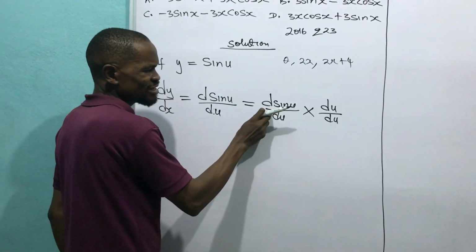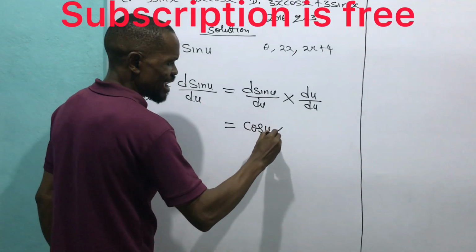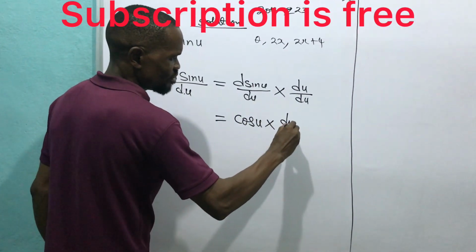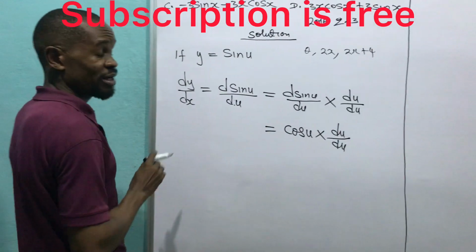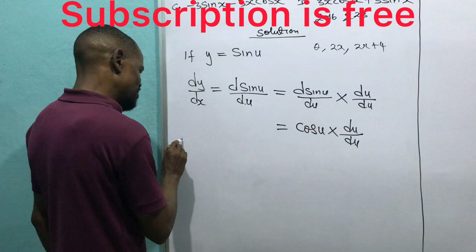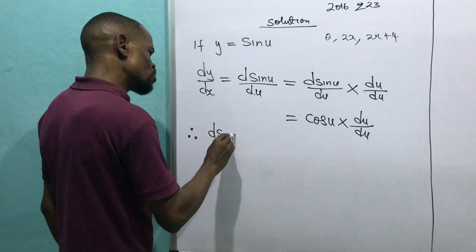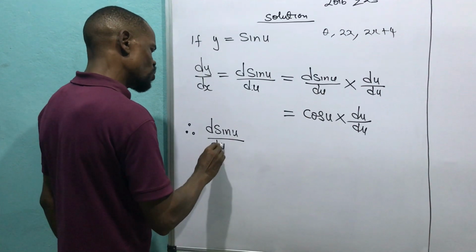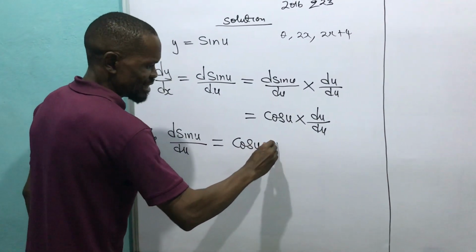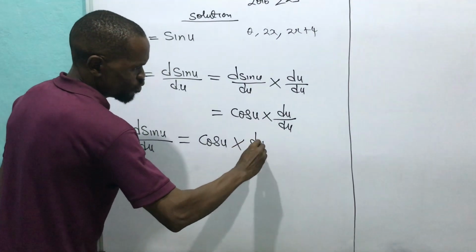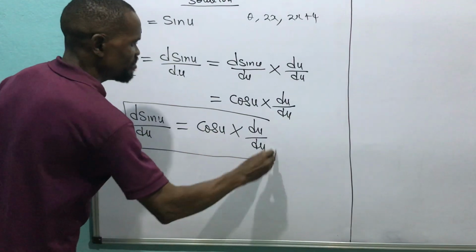If I differentiate sine, it will give me cos u times differentiation of its angle. That means d sine u over dx is equal to cos u times du over dx. This is the main format.